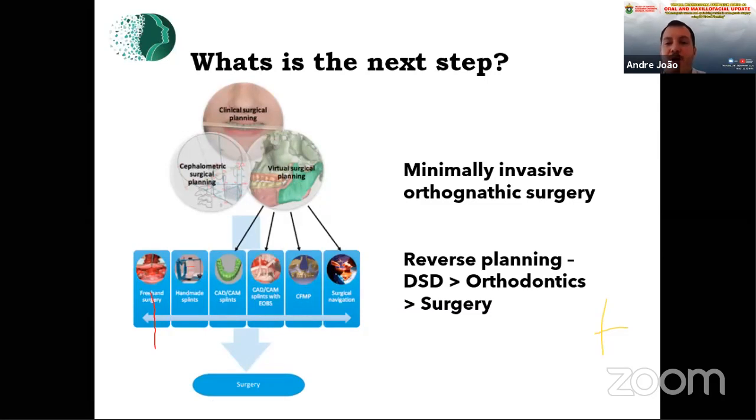Before, we had an orthodontic treatment and you planned the surgery, placing the bone and teeth in the best position based on facial analysis. Now they have this concept that it's not enough anymore.